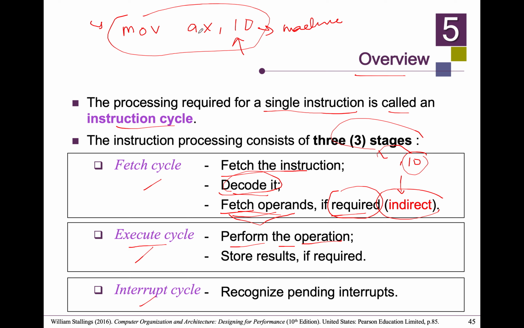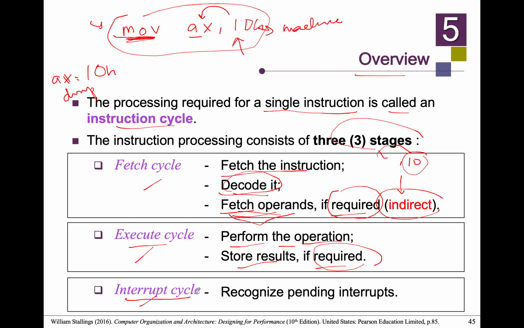How you're going to execute is you perform the operation. This is the operation, which is you're going to move this value inside your register. And after you move, you're going to store the result if it requires you to store it. So you're going to store it into your AX, or your DX register, if required, with the value of, let's say, 10 hex.